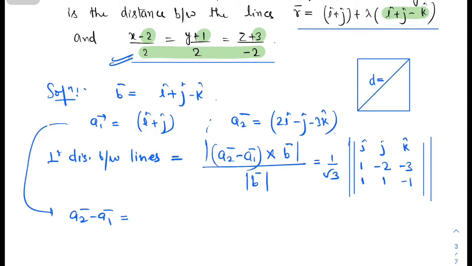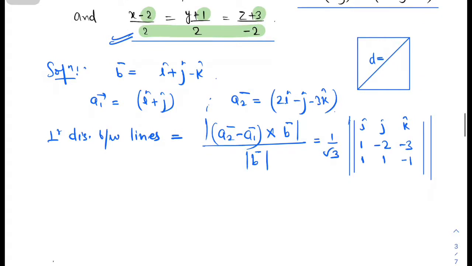Okay, so yes, we can calculate the cross product as i cap is 2 plus 3, that is 5 i cap, minus j times minus 1 plus 3 is 2, so minus 2 j cap, and k times 1 plus 2, that is 3 k cap, divided by root 3.